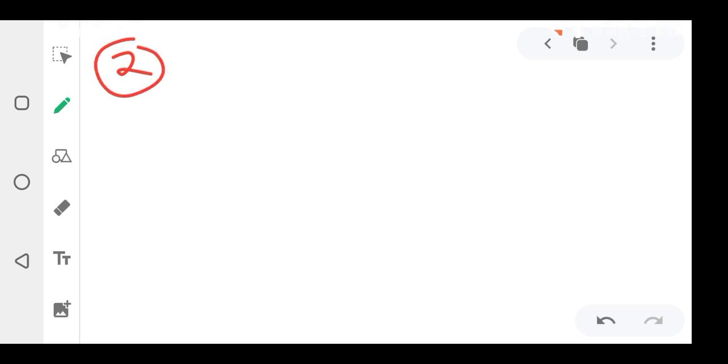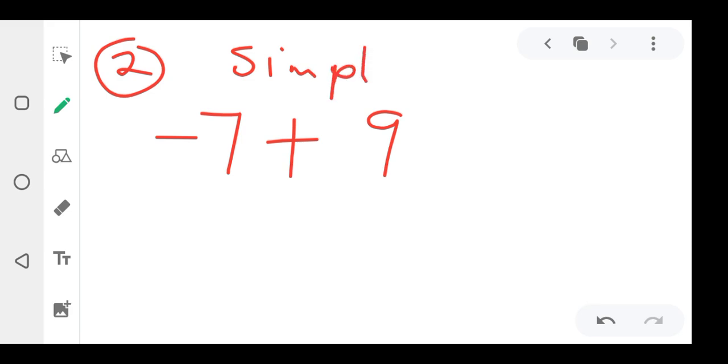Question 2, for example, they give you negative 7 plus 9. Okay? They want you to simplify this. So how do you solve it? The same way again.